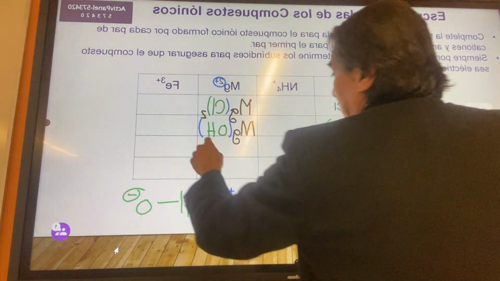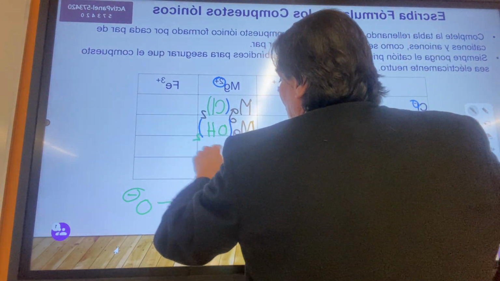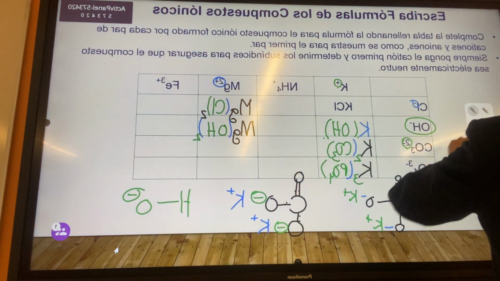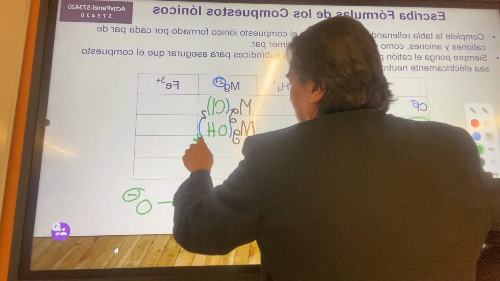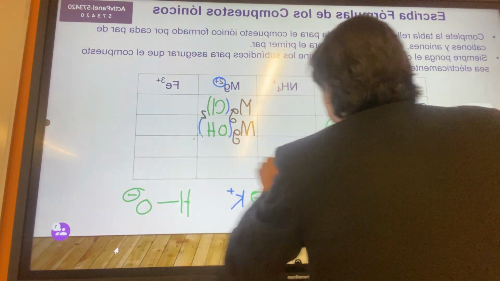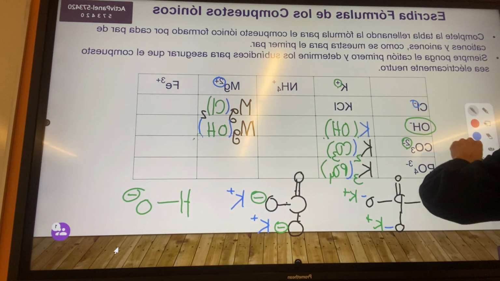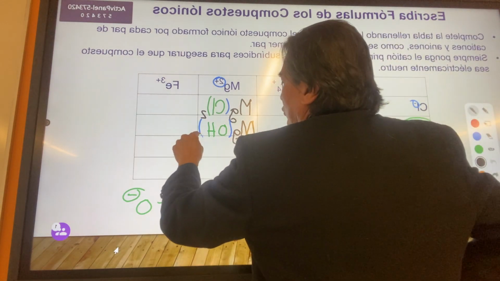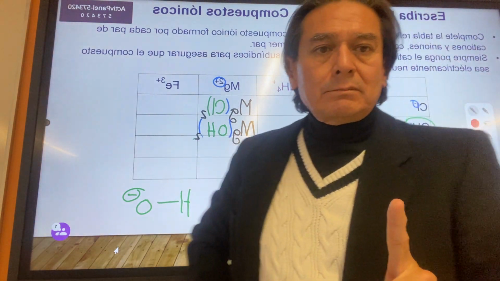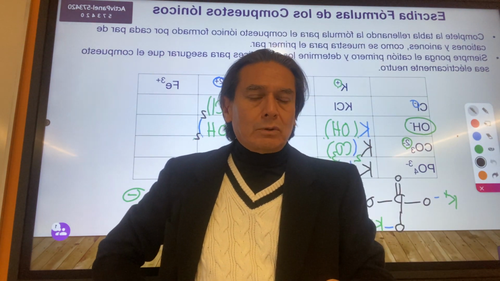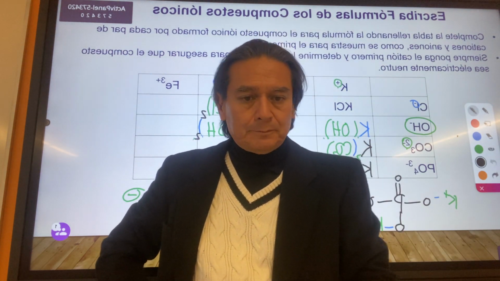Therefore, you will need two hydroxyl groups for each magnesium to provide a neutral ionic compound.